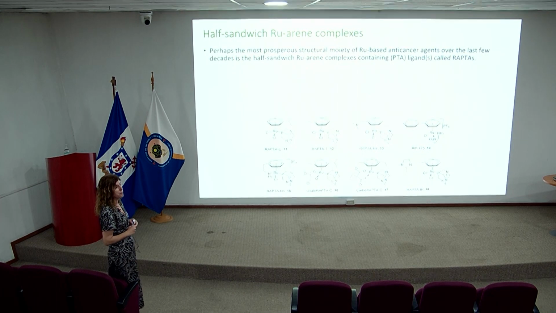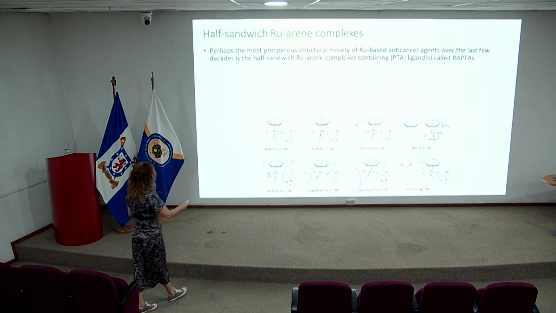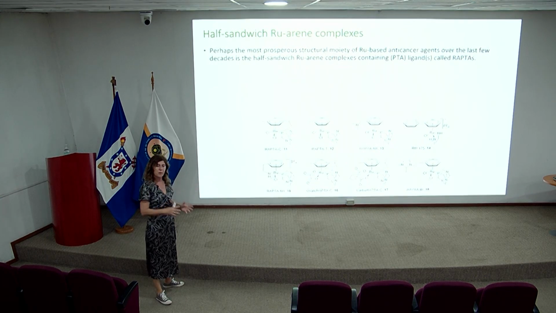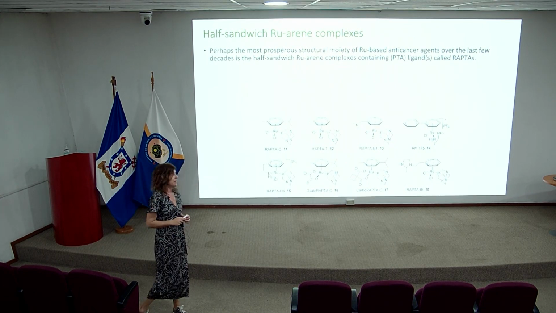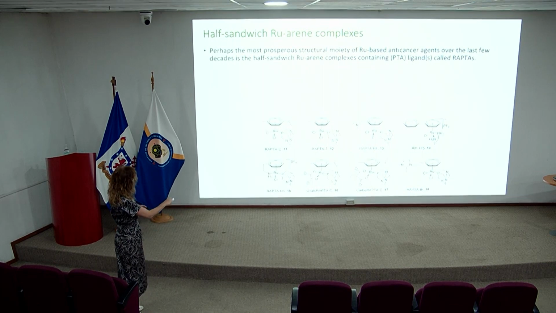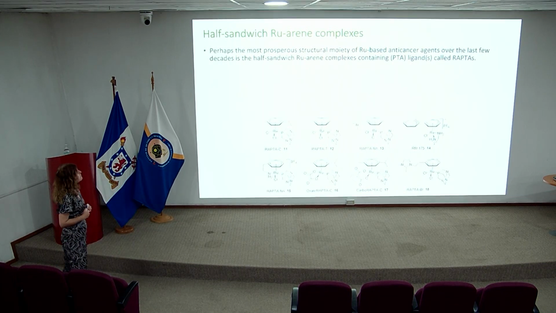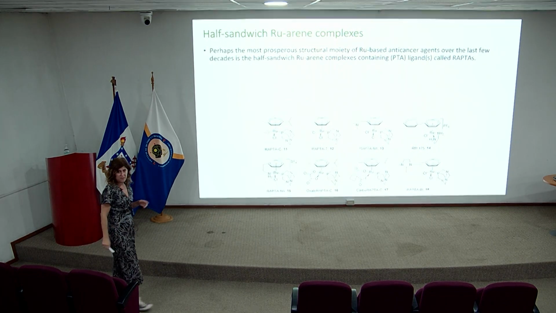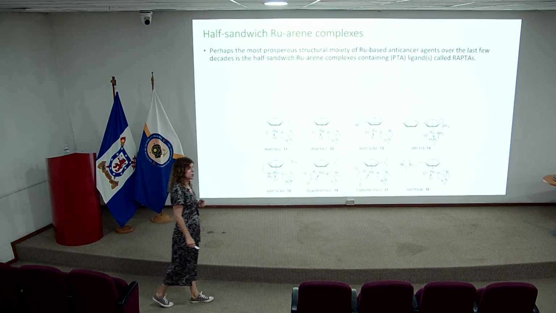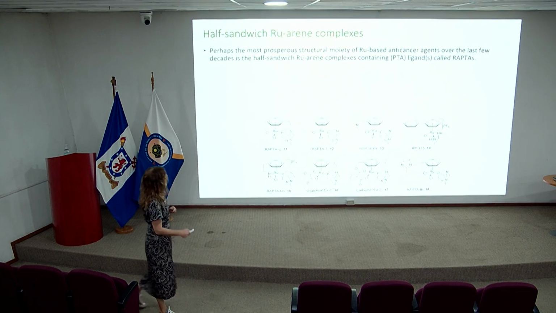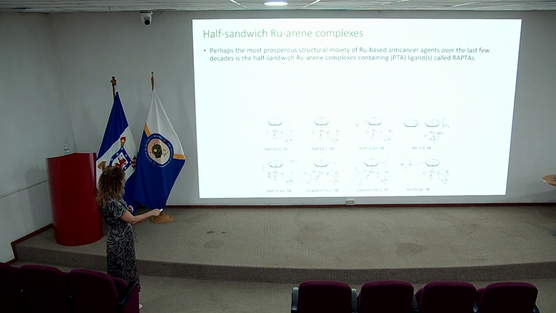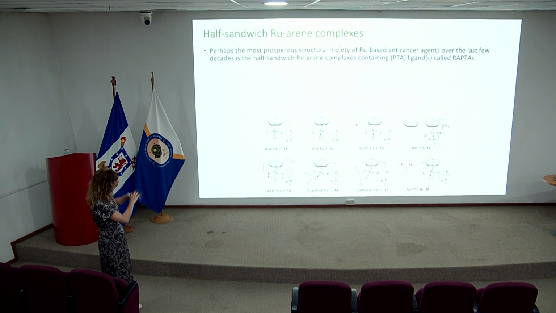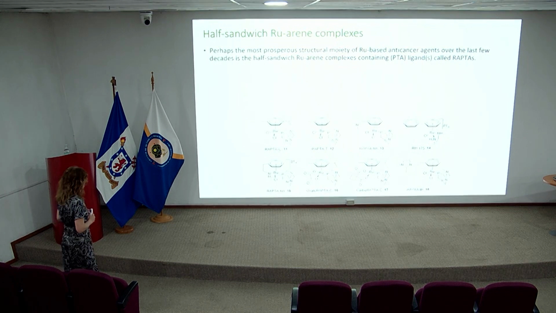There are many, many people working in this field because the presence of these fragments gives a very high stability to the metal. So the metal will keep this organometallic moiety. And there was a series of compounds known as RAPTA. I think they also proceeded to clinical studies, which contain this PTA, phosphorus with 3 nitrogens in this cage structure.